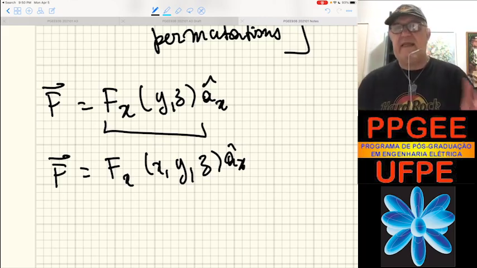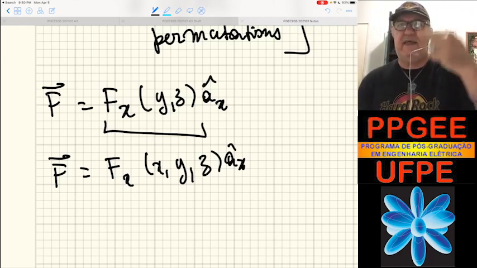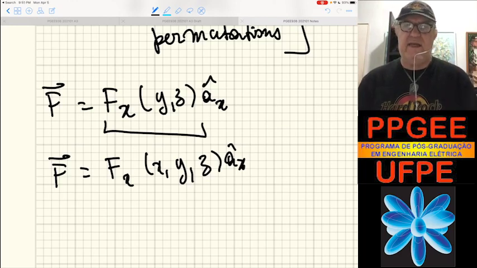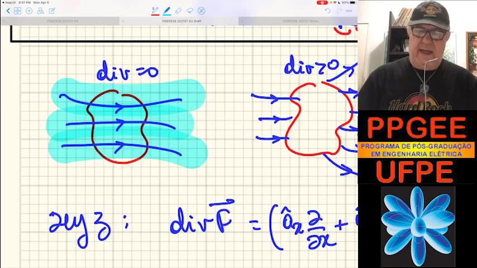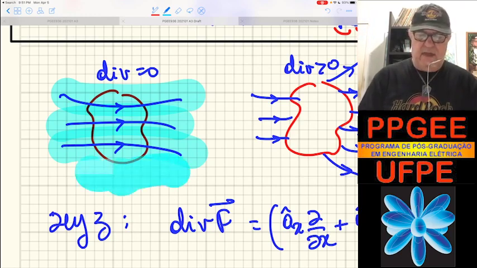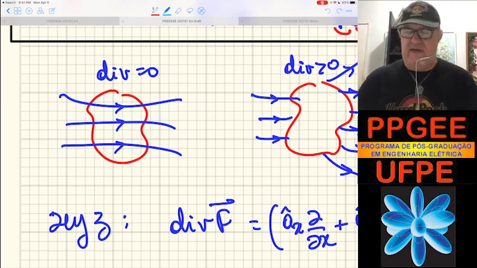There are certain situations in which, even if the field changes with that coordinate, it might have zero divergence. Some special fields; we're going to look at those eventually. So this is one field that is not increasing as you go along the direction, so it would have a zero divergence.